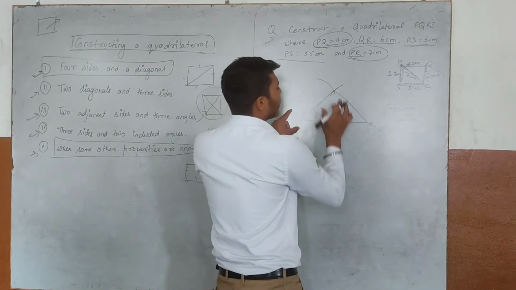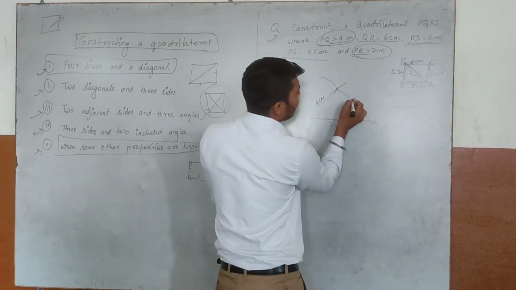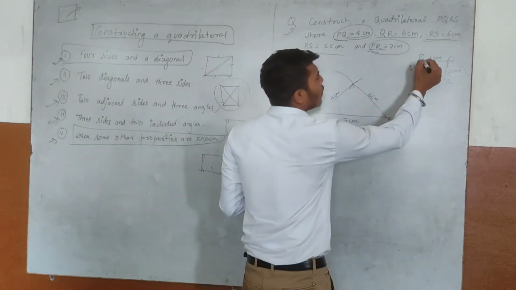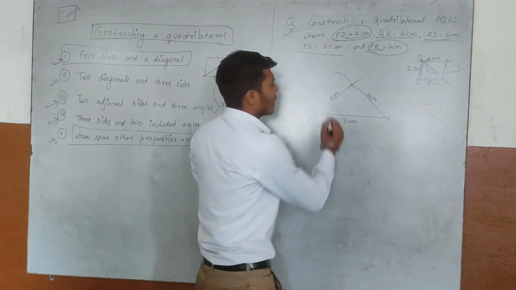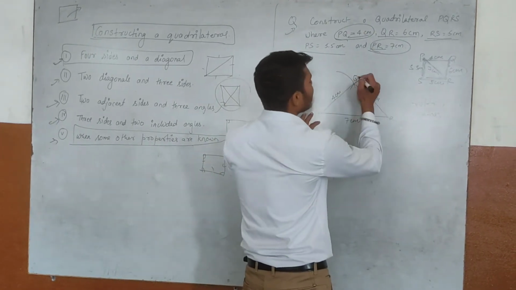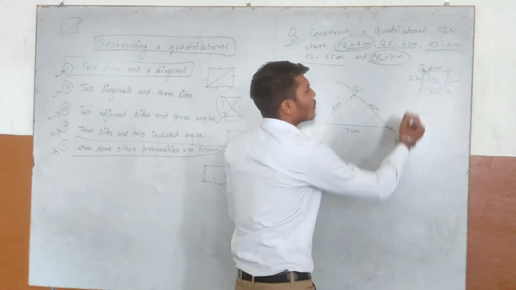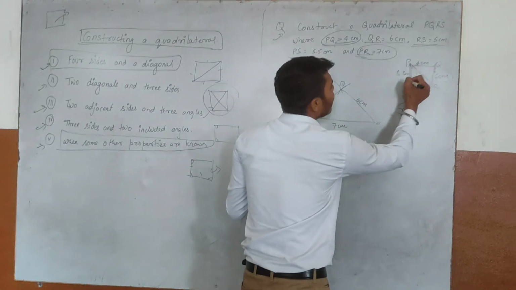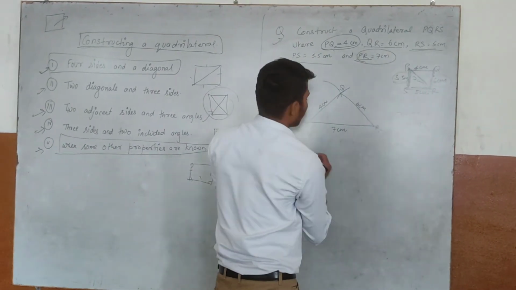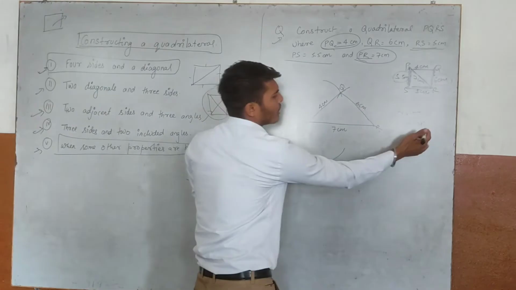We can easily measure it using the ruler. It will come 4 cm and this will come 6 cm. Then next, we have to draw the sides PS. First of all, we name the point Q, because PQ and QR are as given in the diagram. After that, we cut an arc of 5.5 centimeters below PR from P to construct PS, using the compass.